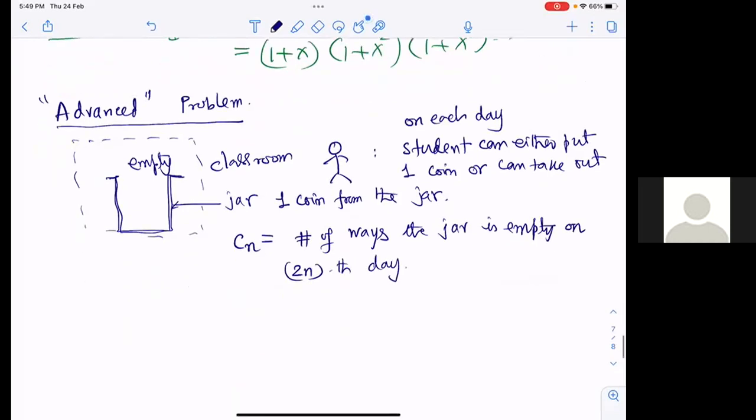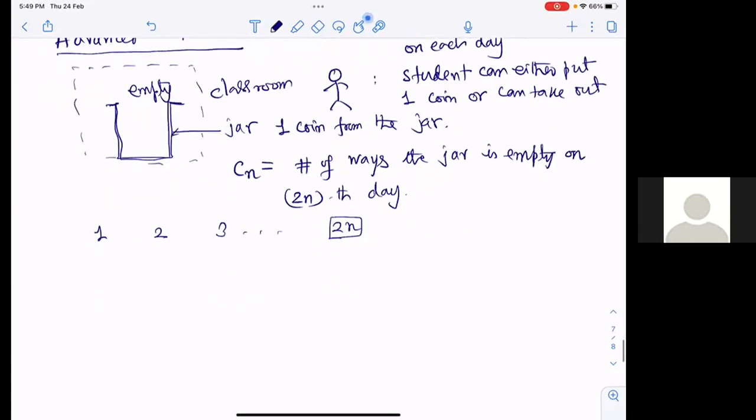That means there are day 1, day 2, day 3, and day 2n. And every day the student enters the classroom, and from the jar either puts 1 coin or takes out 1 coin. And the condition is that at the end of day 2n, the jar should be empty. How many ways can this happen? That's the question.